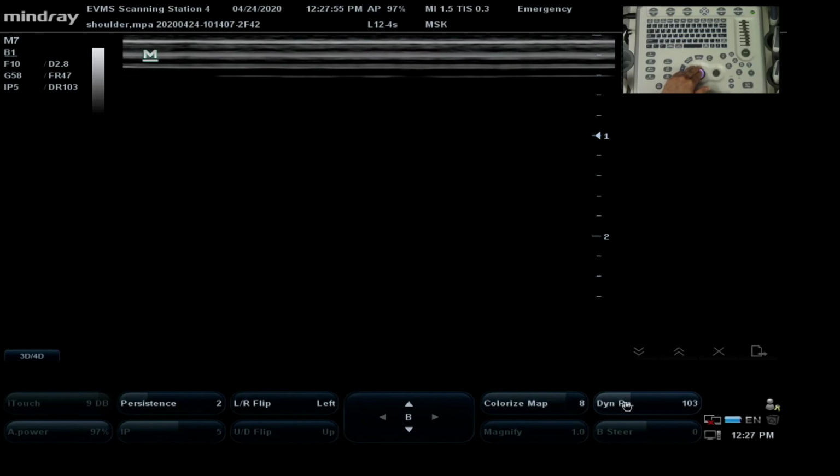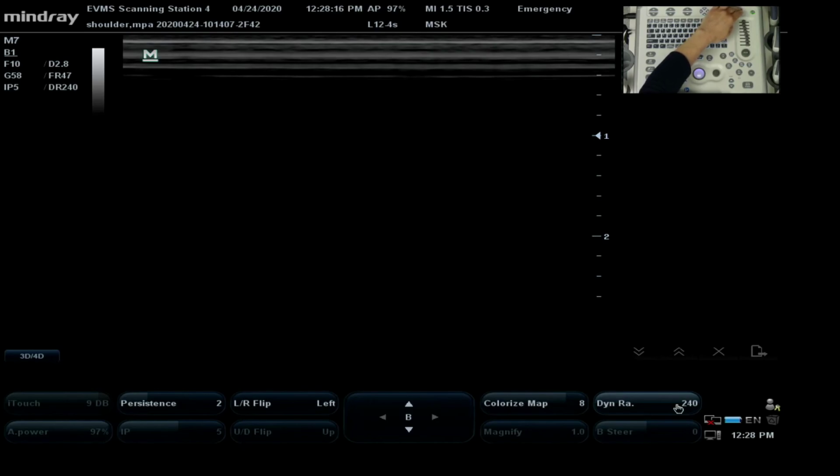The images that you saw in this session were at 103. And I can change that to whatever I want. Simply by using the up and down arrows, I can go much further up, all the way up to 240.